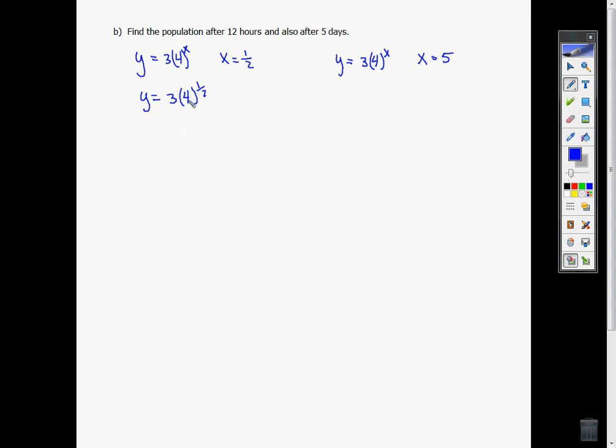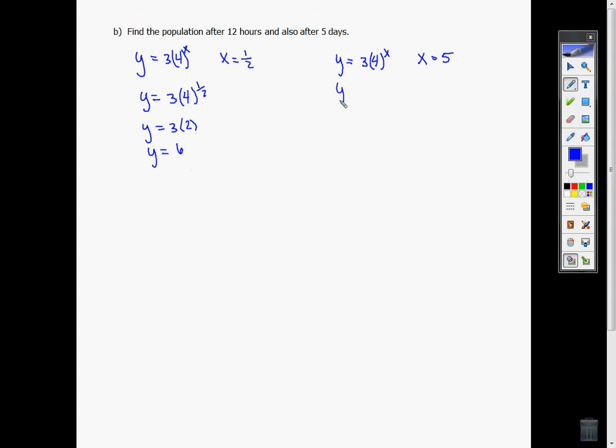What is 4 raised to the 1/2? Well, we talked about fractional exponents, especially ones with a numerator of 1. This implies the square root. So y equals 3 times the square root of 4, which is 2. Y equals 6. Fantastic.